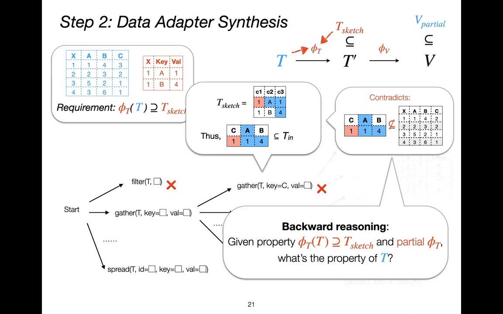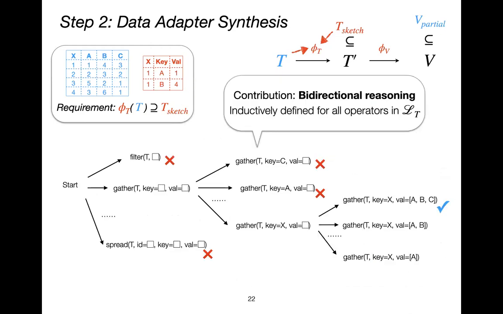And so we're trying to derive this property and check against the input table to understand whether this sketch is feasible or not. So the contribution here is actually to combine this bi-directional reasoning in the search process so that we can prune those abstract programs as early as possible to avoid diving into infinite branches which we don't want to explore.